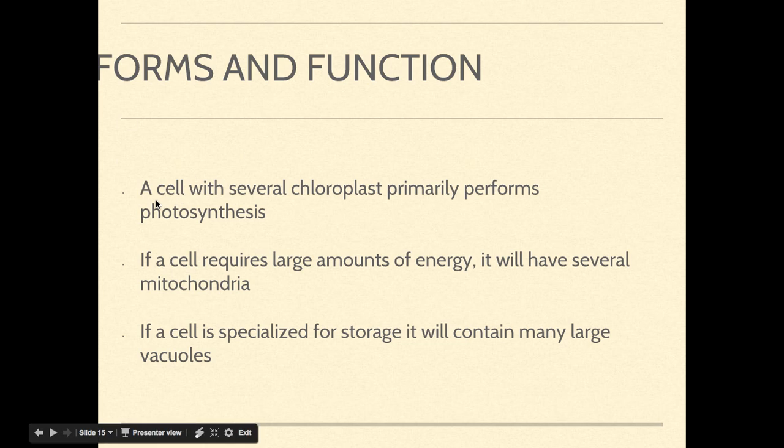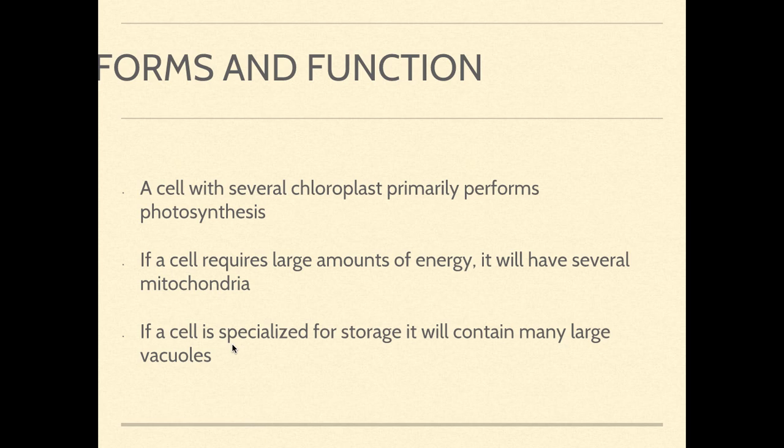So for example, a cell that has a bunch of chloroplasts in it, its job is probably to do photosynthesis because that's what chloroplasts do. If a cell needs a large amount of energy, like sperm cells, they move, they need lots of energy, they'll have lots of mitochondria.